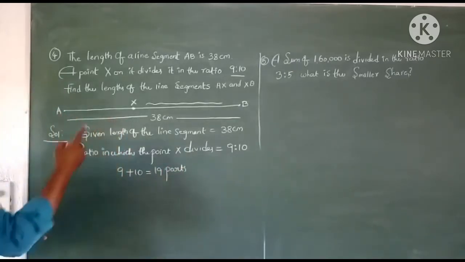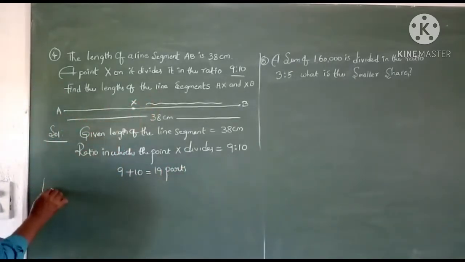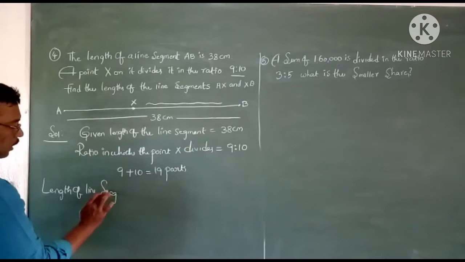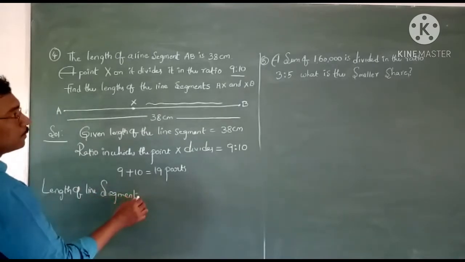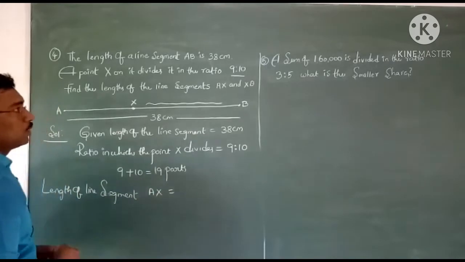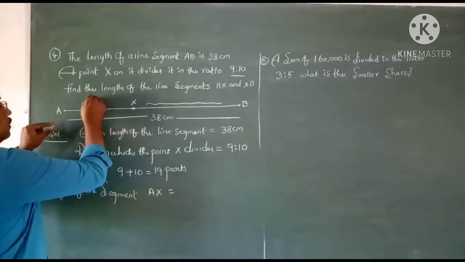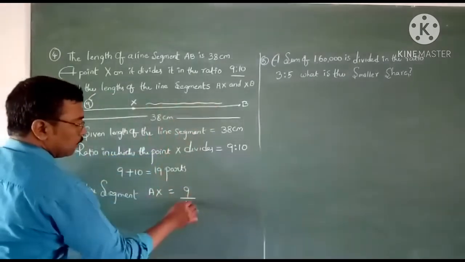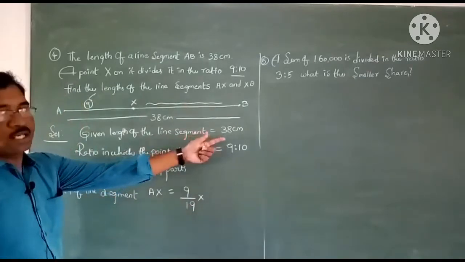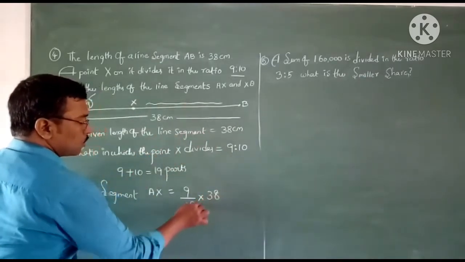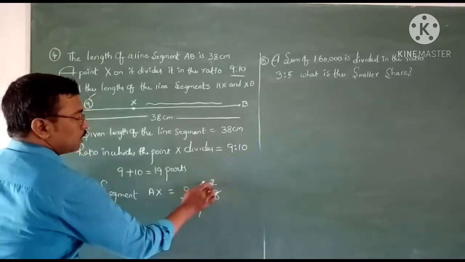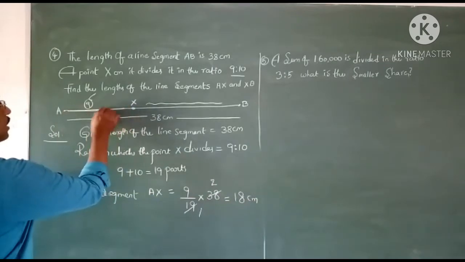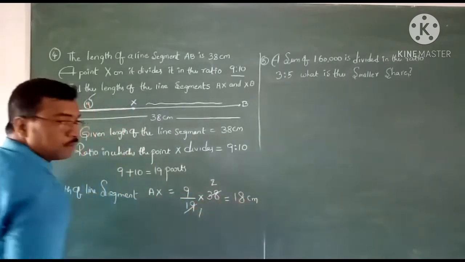So now we have to find the length of the line segment AX. Length of line segment AX is equal to, this is 9 parts, so 9 by the total number of parts 19, into the length of the line segment 38 centimeters. 19 ones are 19, 19 twos are 38, so 9 twos are 18 centimeters. So this length is 18 centimeters.